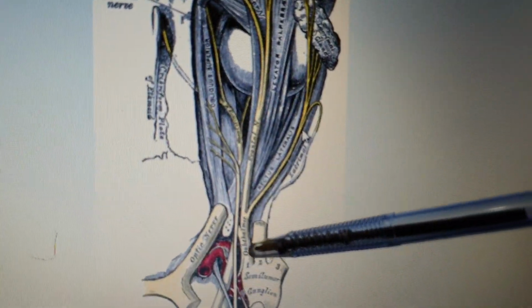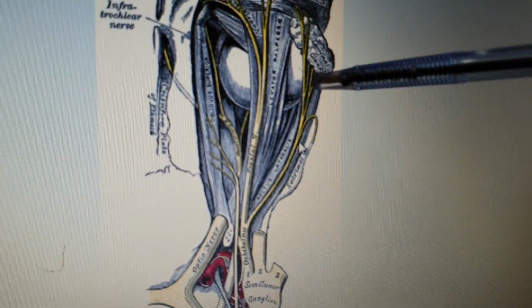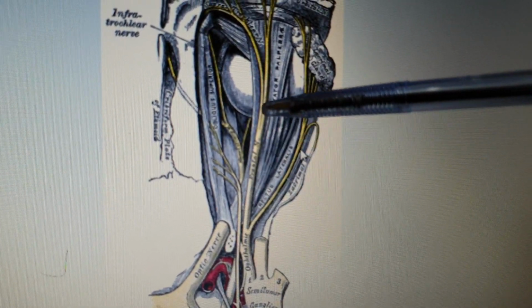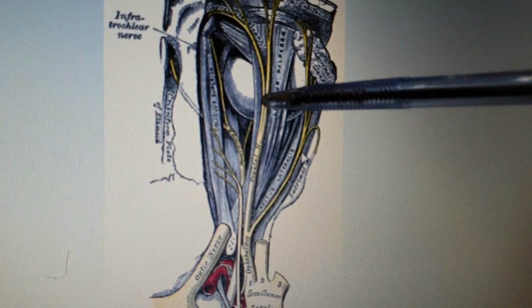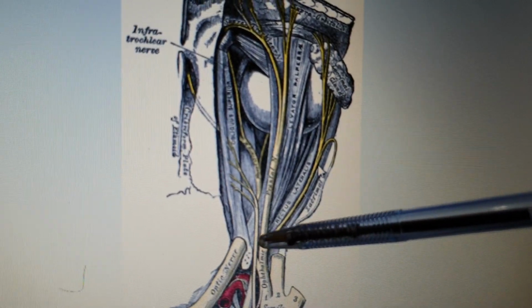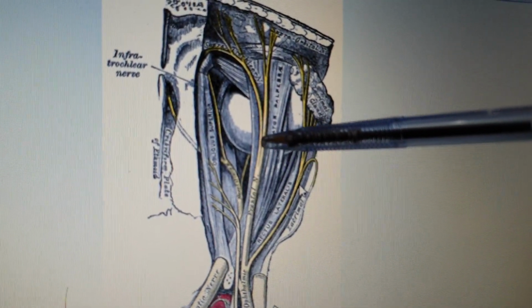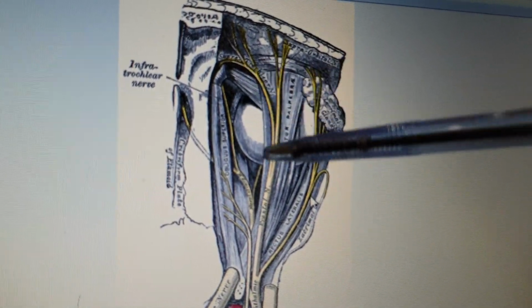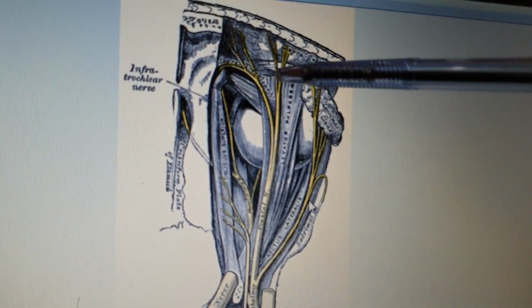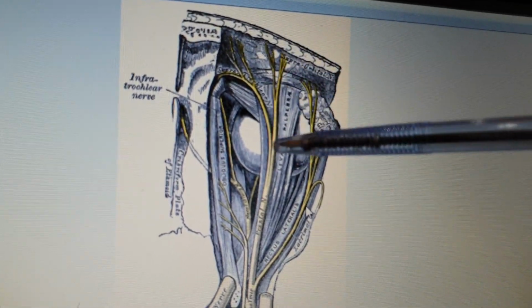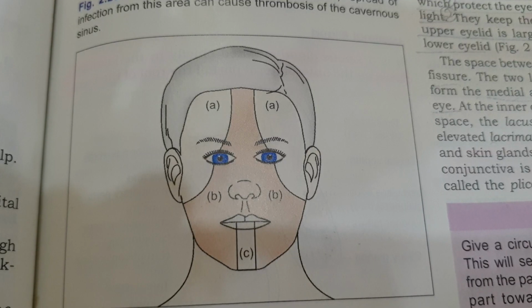The ophthalmic nerve then divides into the lacrimal on the lateral side, which is going towards the lacrimal gland, the frontal, which is going over the superior rectus muscle, and the nasociliary, which is going towards the medial side. This frontal nerve goes anteriorly and divides into the supraorbital and the supratrochlear nerves. So this supraorbital branch of the frontal nerve supplies the frontal air sinus.